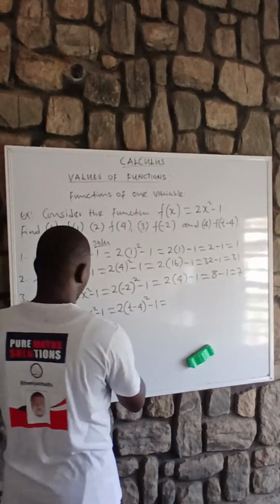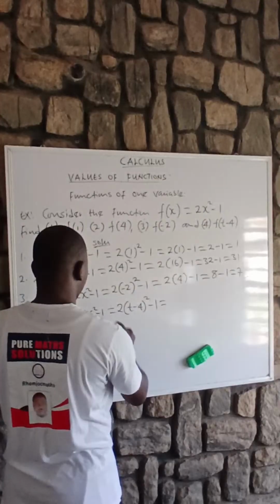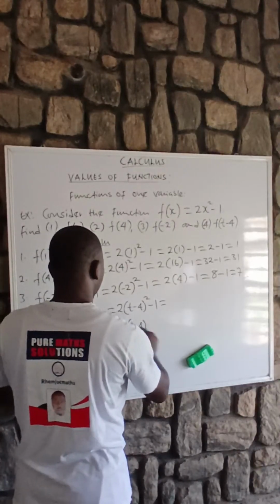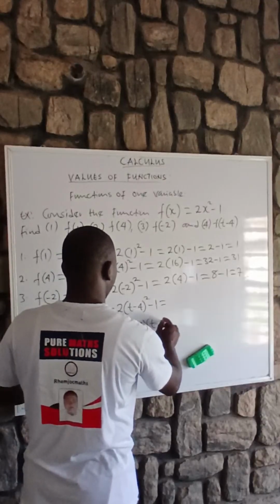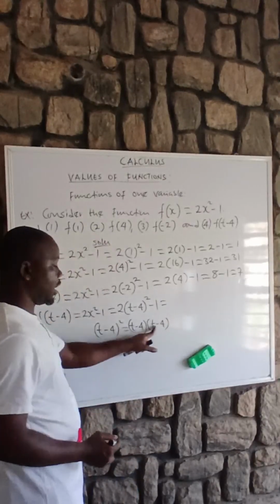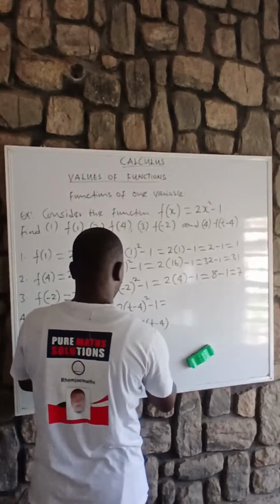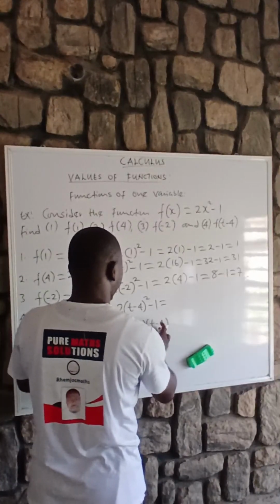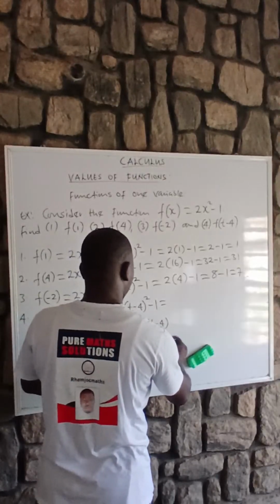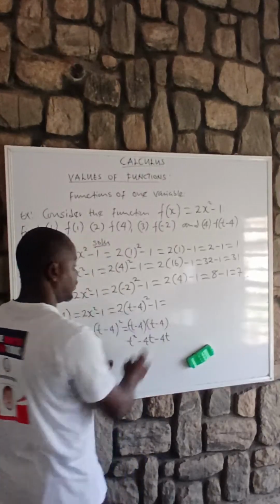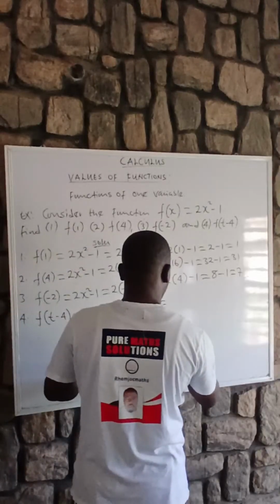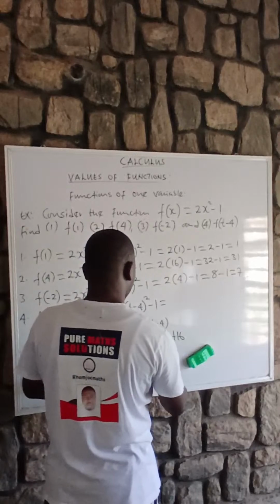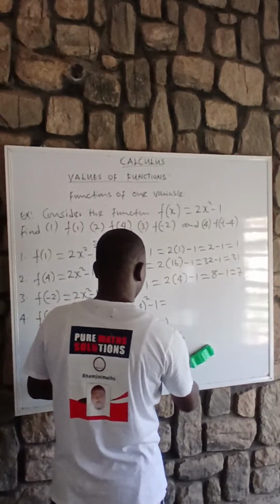When we have t minus 4 all in square, this means t minus 4 times t minus 4, right? So t times t is t squared, t times minus 4 is minus 4t, minus 4 times t is minus 4t, minus times minus is plus, then 4 times 4 is 16. Here will be t squared minus 8t plus 16.